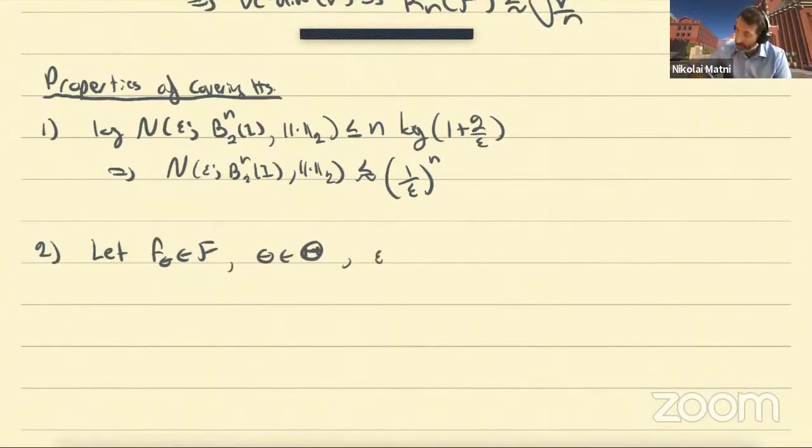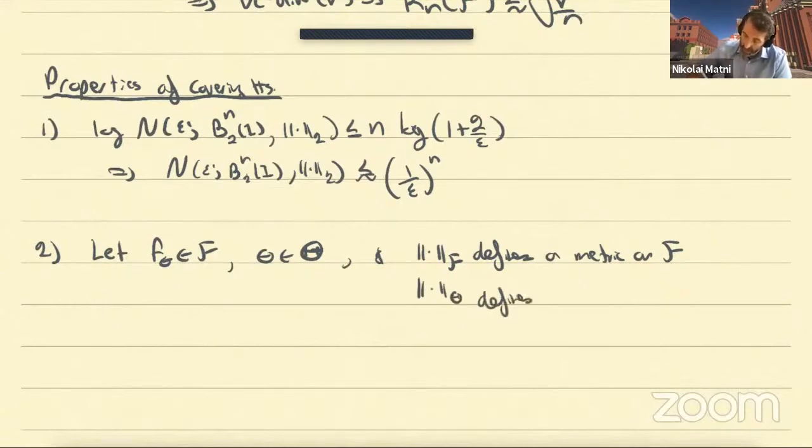And we'll define two norms, a norm on F, which defines a metric on the function class F, and then we'll also have a norm on Theta, which defines a metric on this underlying space Theta.